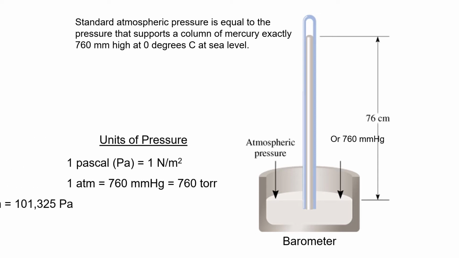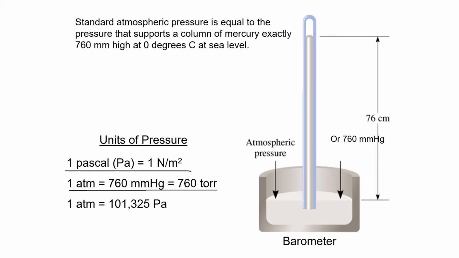So here are some relationships between these pressure units. We won't deal with pascals, but you will see these 3 units. 1 atmosphere again equals 760 millimeters of mercury, or 760 torr.